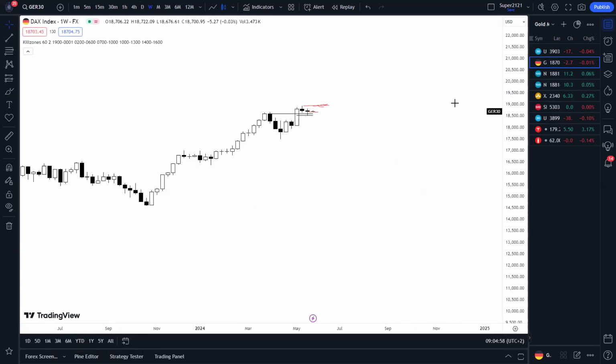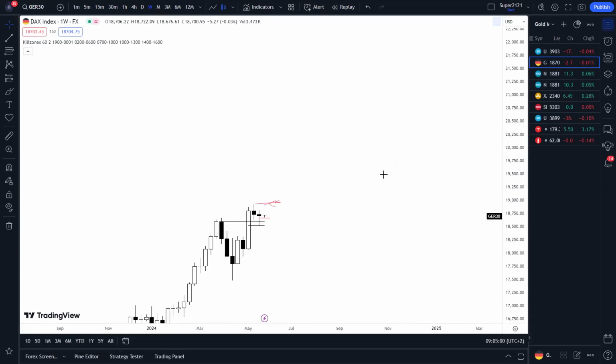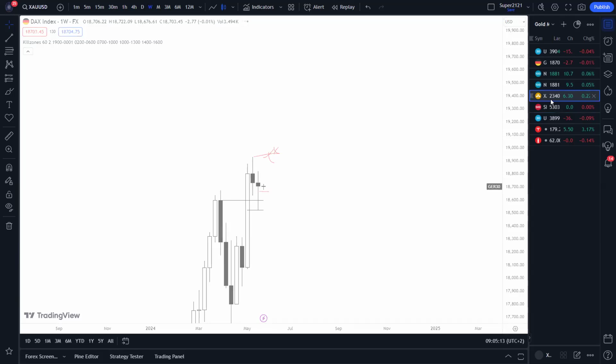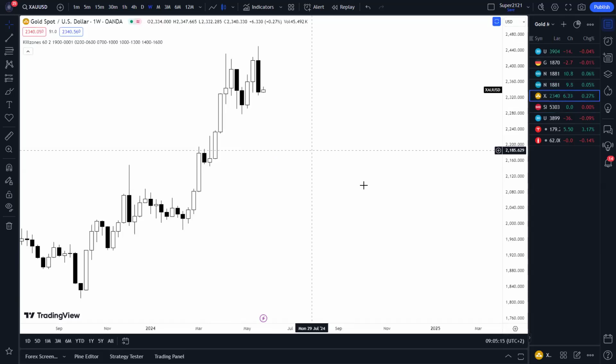Weekly, you can see here, either we're going to have another consolidation before distribution, maybe Wednesday, Thursday, Friday, but we'll see. And lastly, it's going to be gold. Gold was crazy also.